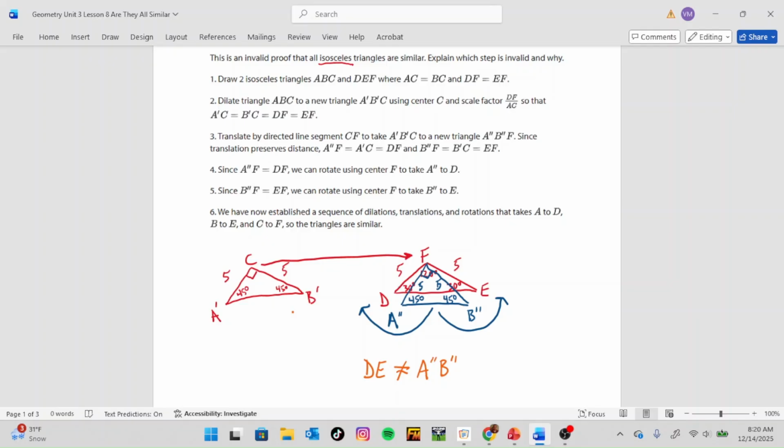And so then step 6 says we've now established a sequence of dilations, translations, and rotations that takes A to D, B to E, and C to F, so the triangles are similar. Well, the problem with that is step 5.